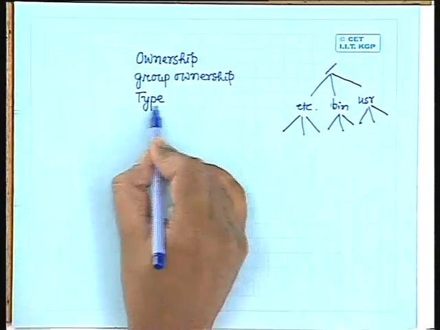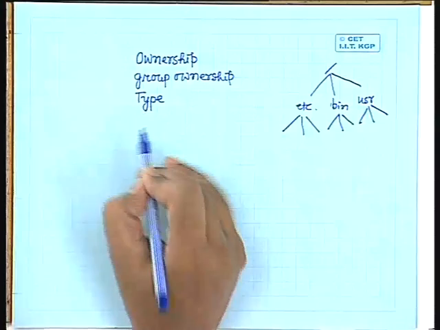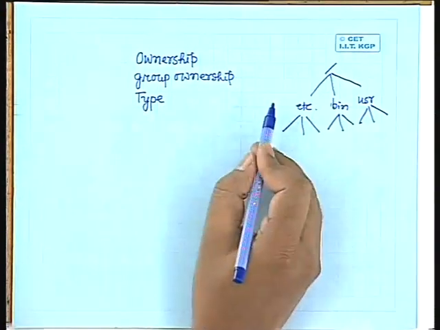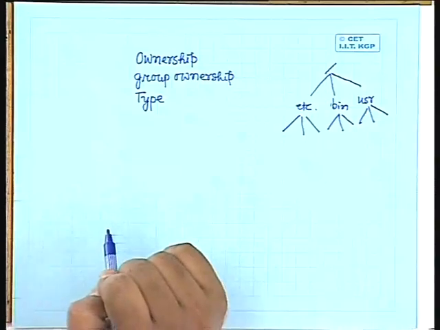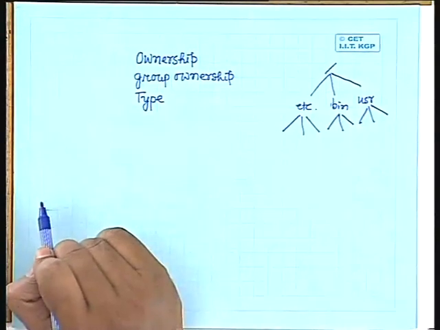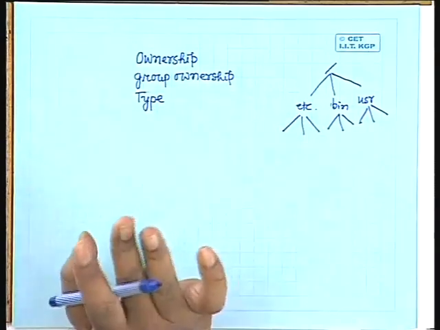Okay, so I have to have a demarcation about whether the inode that I am talking about is the inode of a file or the inode of a directory. Not only that, the type field also contains information about whether this inode is already allocated or not yet allocated.